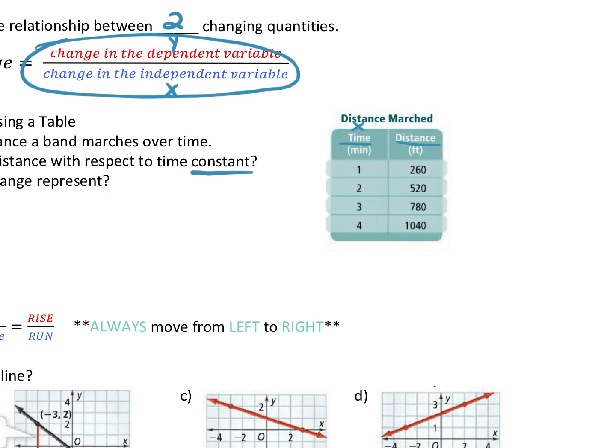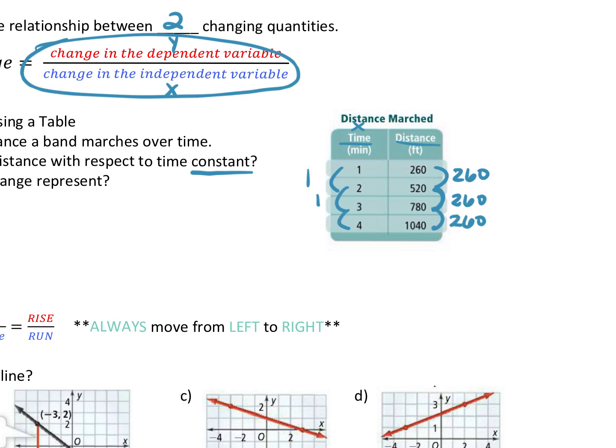What is the change in our Y value right here? 260. Right? 260 plus 260 is 520. What's the change in your X? 1. If you subtract those, it's 1. What's the change from the second to the third? 260. What's the change over here? 1. What's the change here? 260.